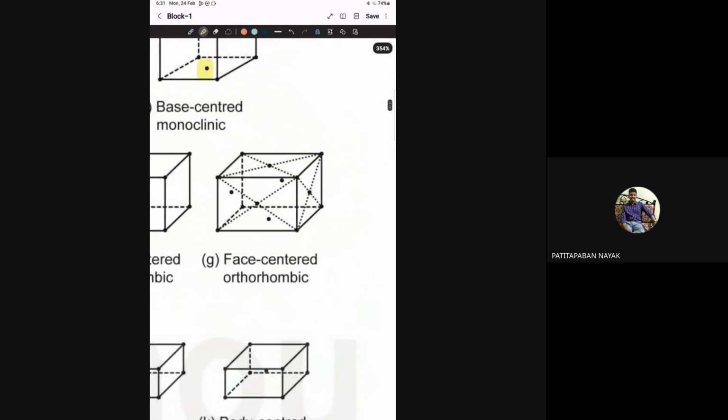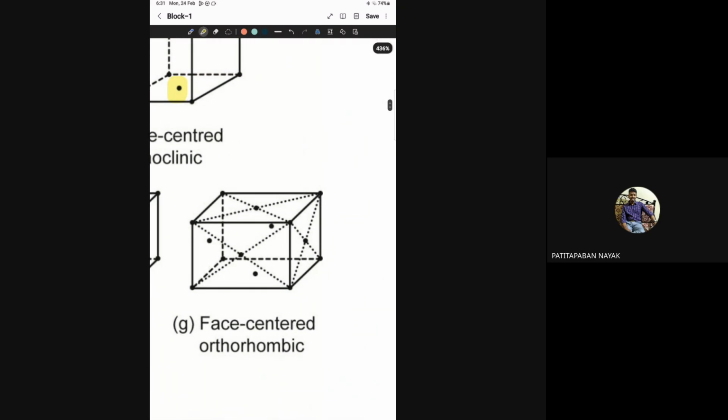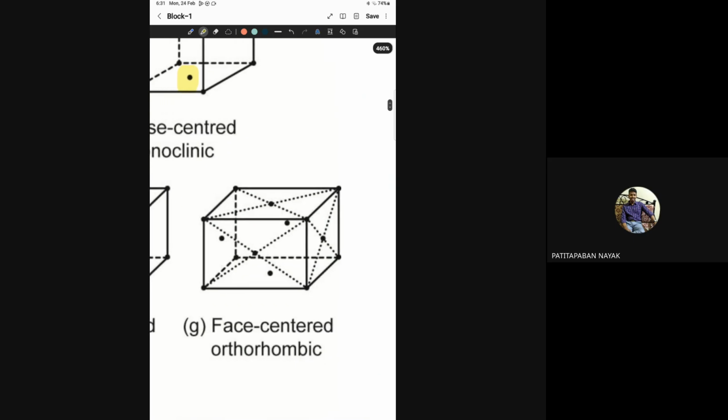You can see how the face centered looks. Here one at each of the eight corners, then one on the top surface, bottom surface, left surface, right surface, front surface, and back surface. You getting?